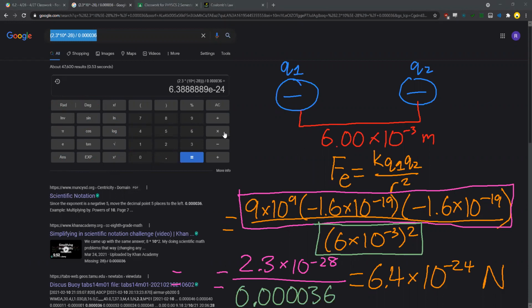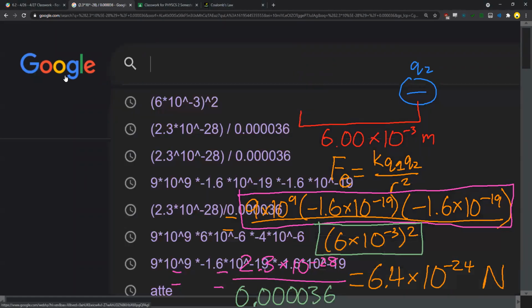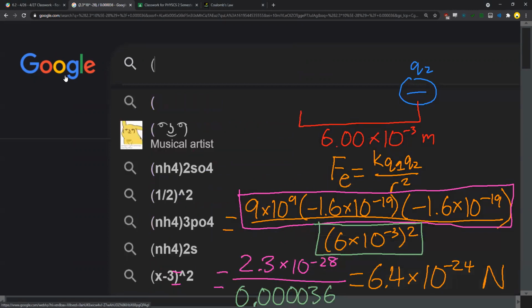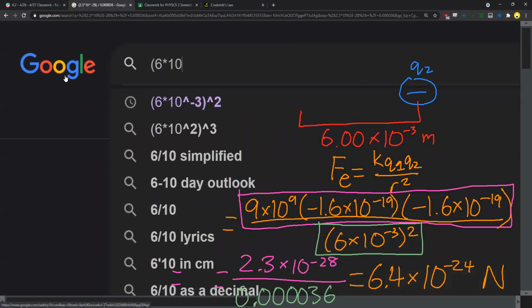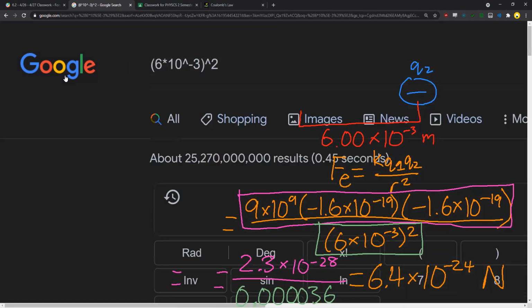So this is basically what I entered in a calculator. I do parentheses 6 times 10 to the negative 3, close my parentheses, and I'm gonna square that.